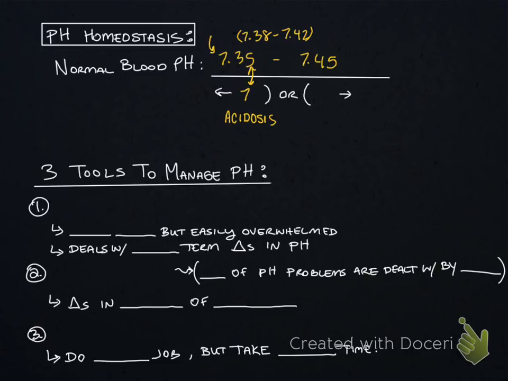Now on the other end, from 7.45 to like 7.7, that would be considered an alkalosis. Past 7.7, yeah, you'd be dead. Some signs from being in the 7.35 to 7 range, when you're acidotic, you'd be sluggish.